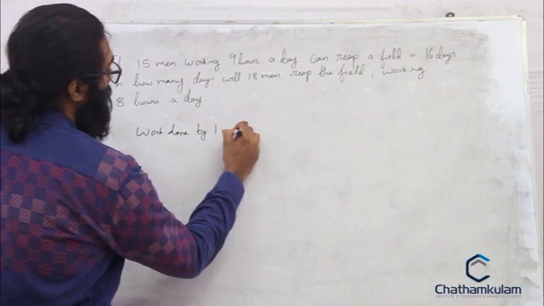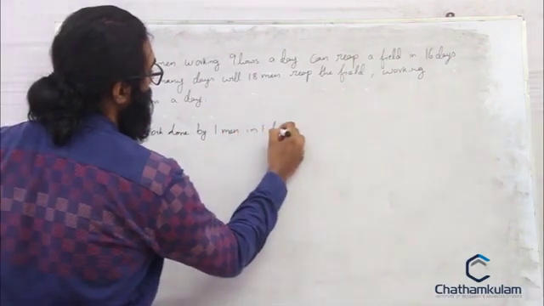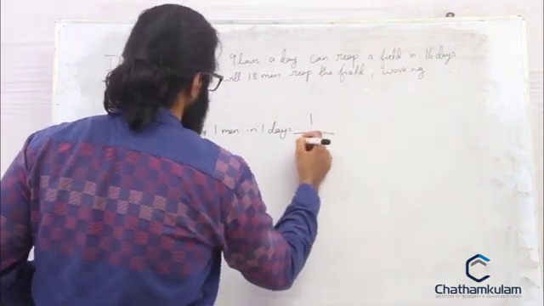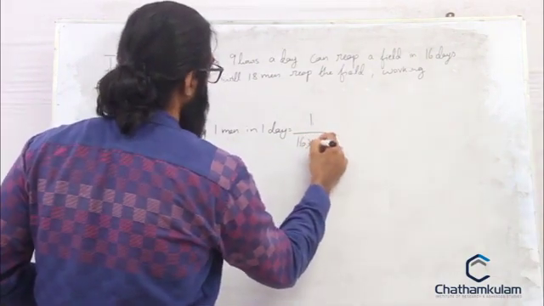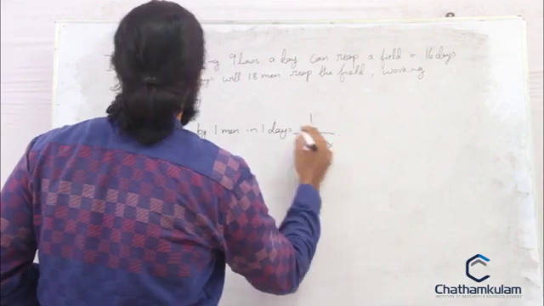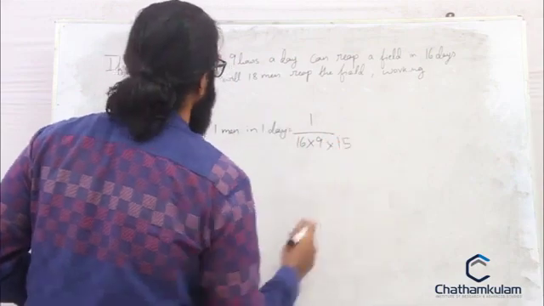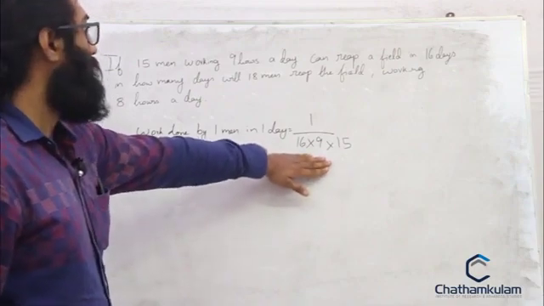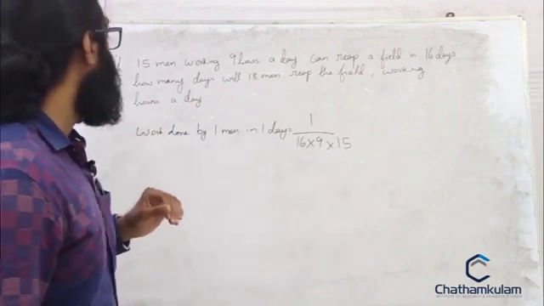What is the work done by one man in one day? It is equal to 1/16 into 9 into 15. You might be wondering how we got this. Okay, I'll tell you the concept.